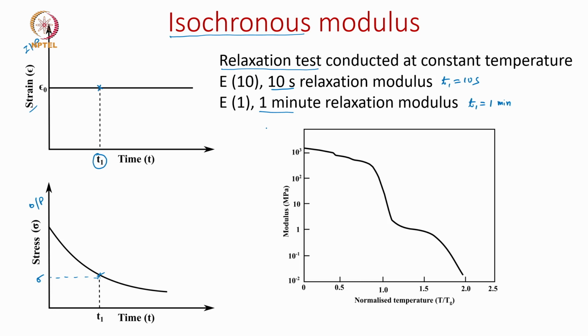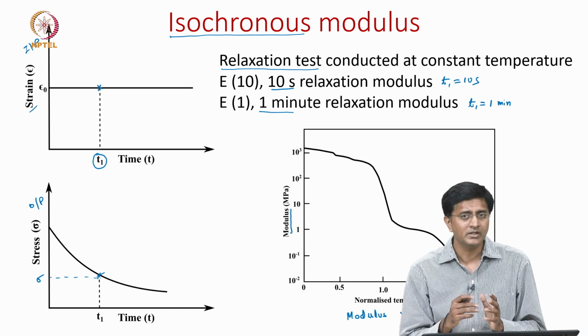So, let us go back to something which we have already seen in the previous videos. This is the modulus versus the temperature or normalized temperature. Previously we presented this curve saying that the y-axis is modulus.